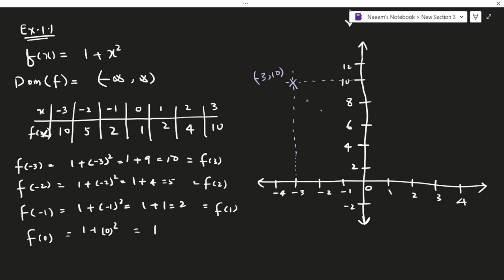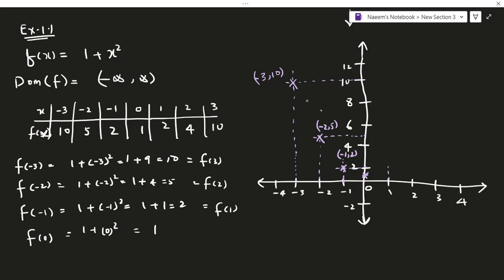Y 5 is here after 4. When x is -1, y is 2. When x is 0, y is 1. This one.